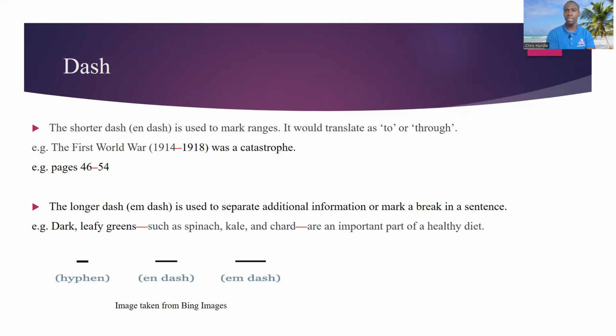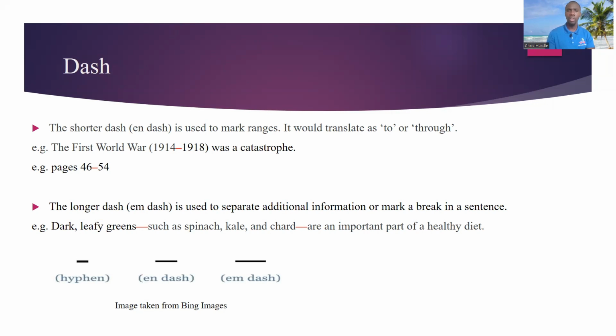So this would translate as to or through. For example, the First World War, 1914 through 1918, or 1914 to 1918, was a catastrophe. Another example, pages 46 to 54. So the first dash is a shorter dash, called the en dash, and that is used to mark ranges.